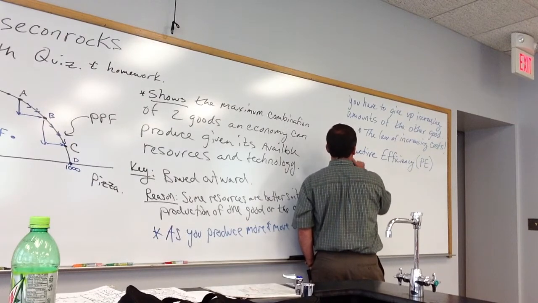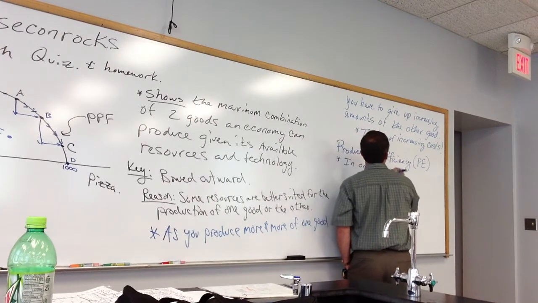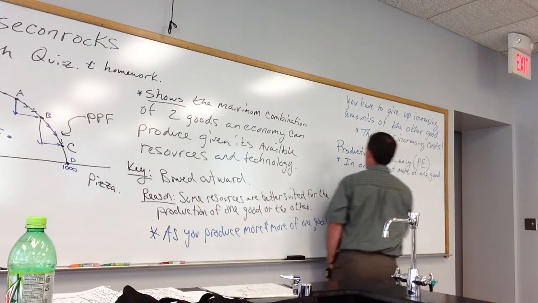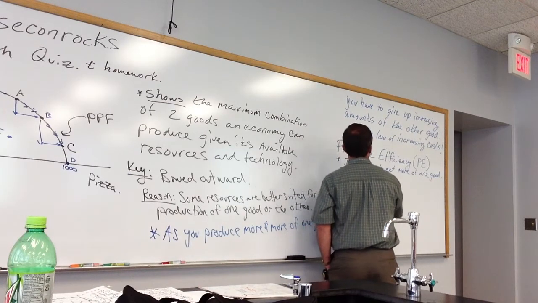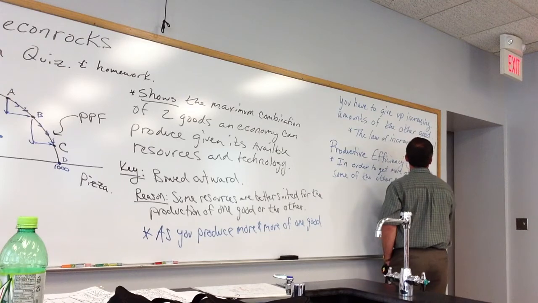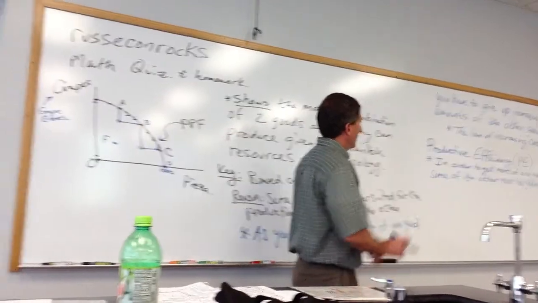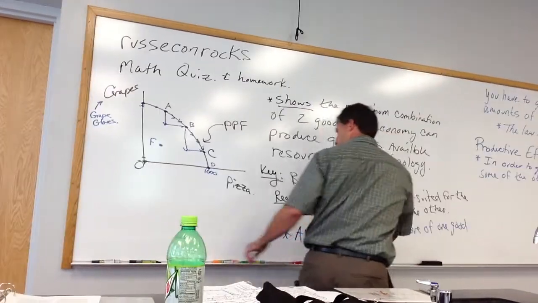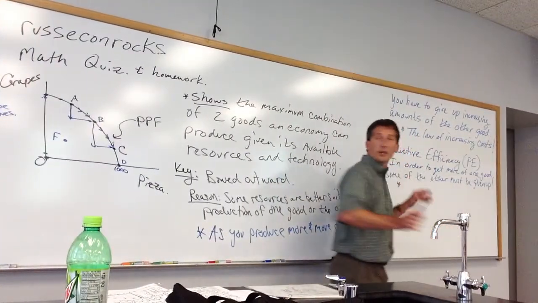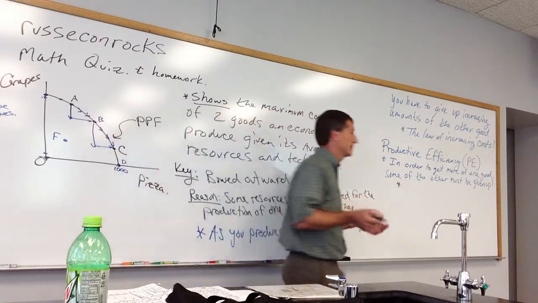So productive efficiency means that in order to get more of one good, some of the other must be given up. So, one of the key observations here is that A, B, and C are all efficient in that sense.